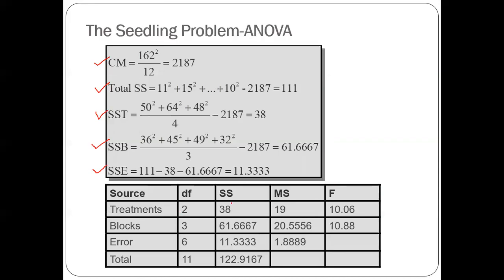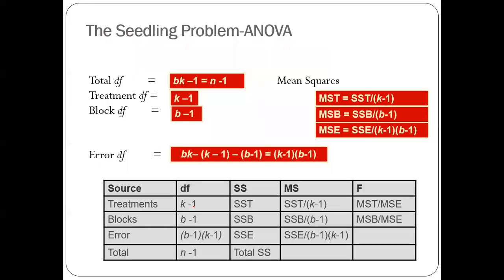So how do we get the degree of freedom for treatment? It refers to the formula here. That means treatment minus 1, and the degree of freedom for block is block minus 1. And same also for how to get MST, MSB, and MSE, we refer to all these formulas.